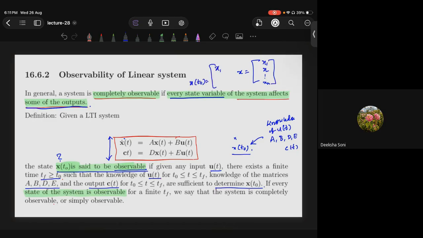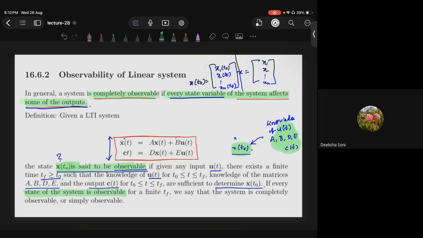What are these values, x1 of t naught, x2 of t naught, up to xn of t naught? That is your question: can I find my initial state? So observability says that if the system is observable, knowledge of these things is enough to find your initial state. Is this a clear statement?